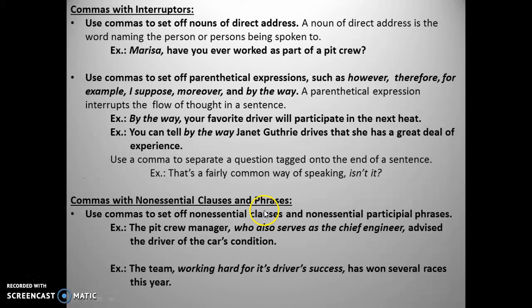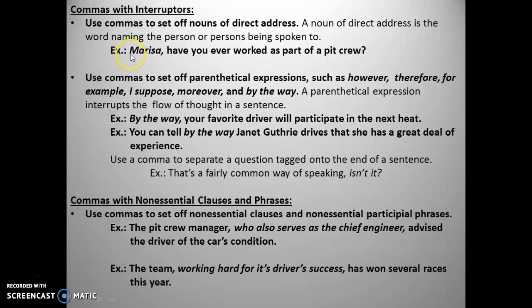If you have interrupters in the sentence, there are three possibilities for punctuating that sentence. You can set off the interrupters with commas, dashes, or parentheses. The softest one, indicating the smallest pause or break, is to use commas to set off the word.